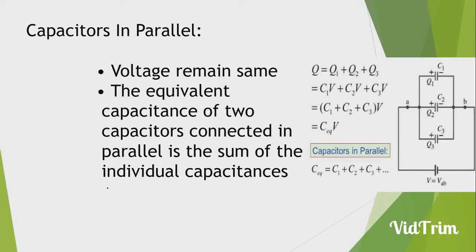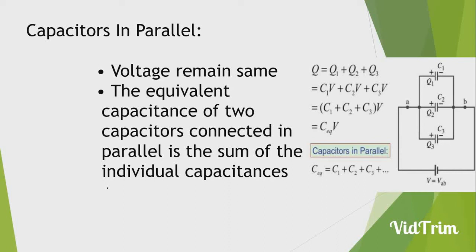Capacitor 1 carries Q1 charge, capacitor 2 carries Q2 charge, capacitor 3 carries Q3 charge. And how this circuit works: voltage remains the same. In parallel capacitors, voltage remains the same, and the equivalent capacitance of capacitors connected in parallel is the sum of the individual capacitances. This is the formula of the parallel capacitors.